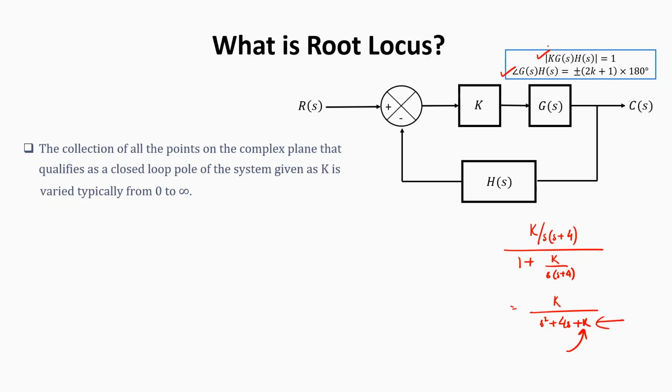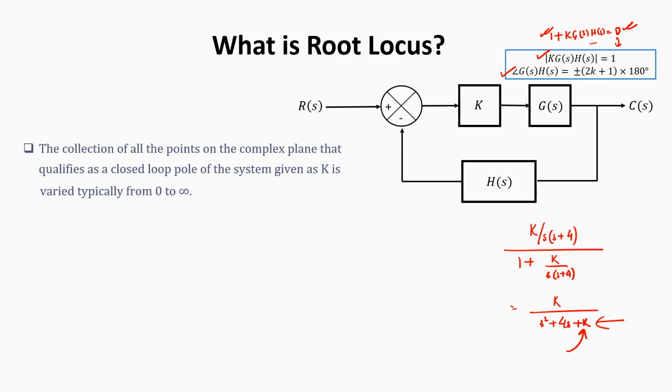By now you also understand that all those closed loop poles must satisfy the angle criteria and the magnitude criteria. It has to, then only it will become a closed loop pole. There is no other way, because these two criteria came from this equation, right? The points which satisfy these two criteria are equivalent to satisfying this equation, 1 plus kG(s)H(s) equal to 0, which is nothing but the closed loop poles of the system.